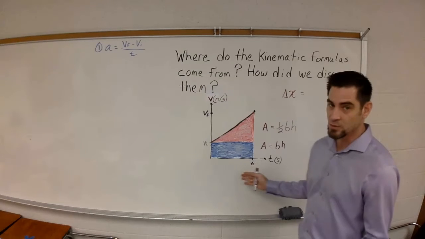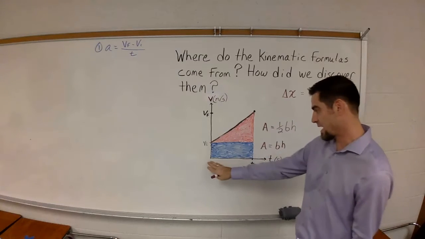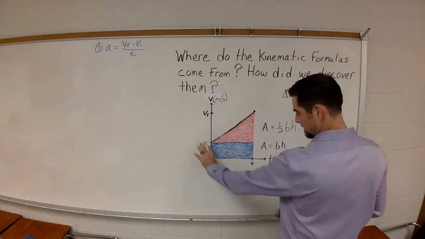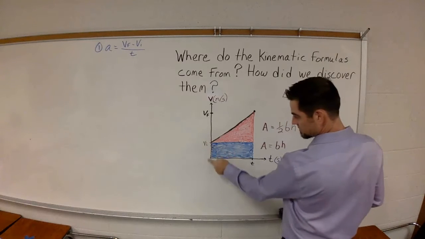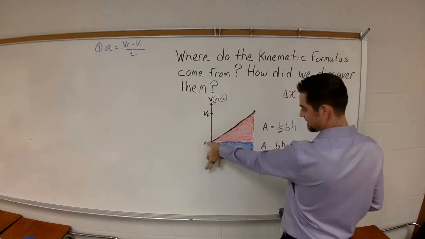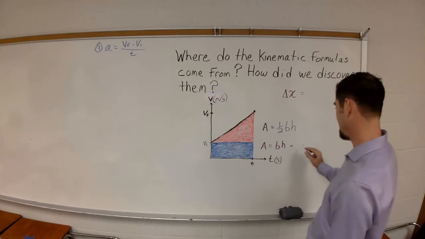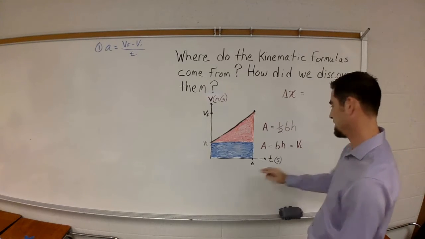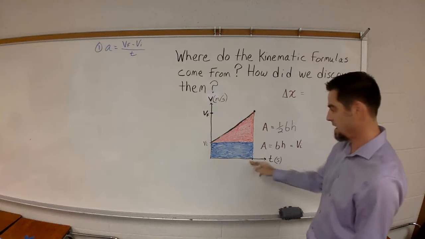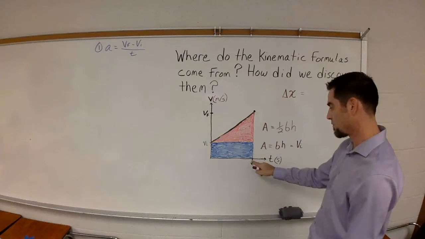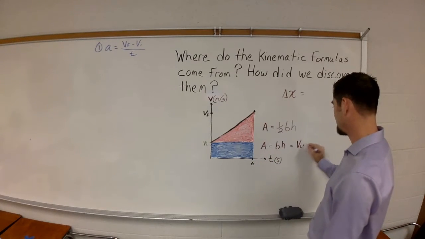Since we're not using real numbers, it's just conceptual right now. If this goes from 0 to vi, that means this side length is vi, our initial velocity, and this side length is time, whatever time you're solving for, but right now it's just t.